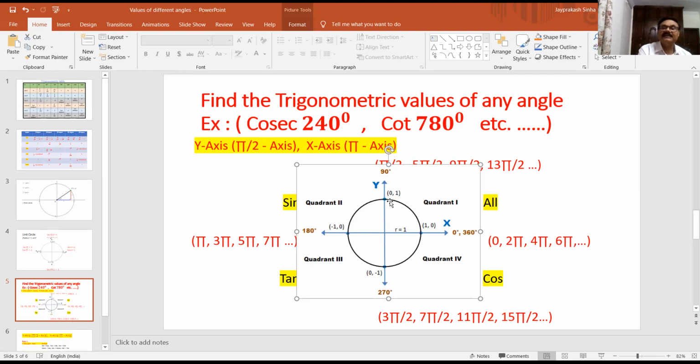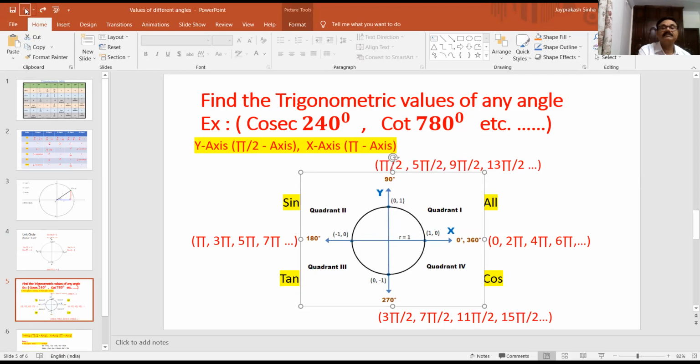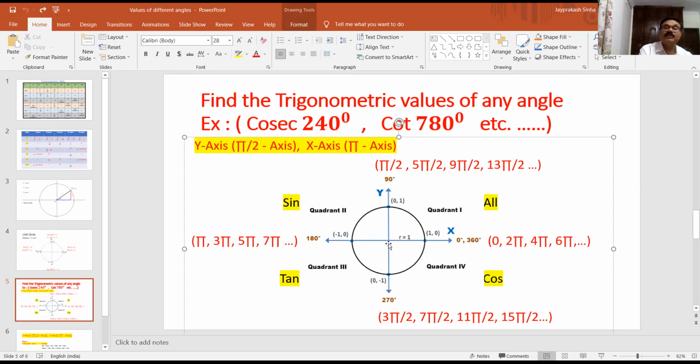So for finding the values, we are taking the help of the x-axis. The x-axis here is known as the pi axis, because on the x-axis all the pi values are there, and the y-axis is called the pi by 2 axis.